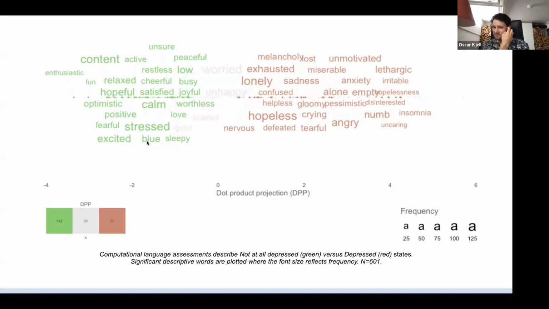Blue might also be, but maybe it's not strong enough. You have lethargic and unmotivated, which I would consider stronger. But also this plot is not based on contextualized word embeddings yet. So I hope to get better ones in due time. Okay. Yeah, thanks.